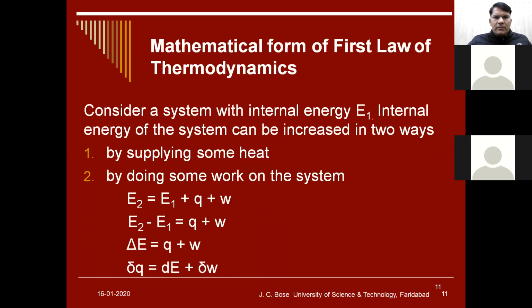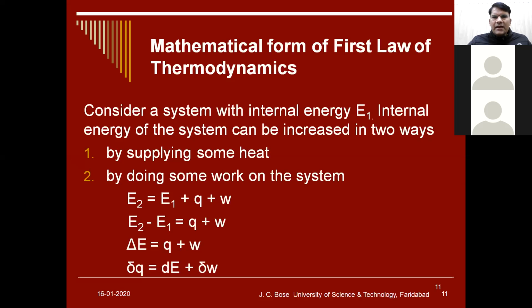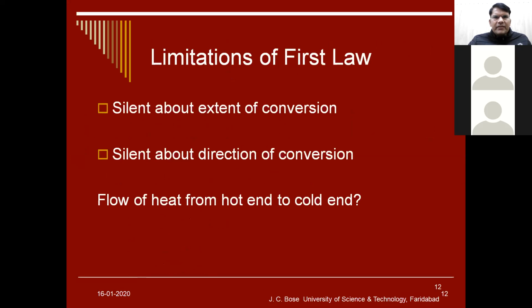According to it, delta E, the change in internal energy of the system, was equal to the amount of heat and the amount of work. So if a small amount of heat is supplied and a small amount of internal energy change takes place and a small amount of work is done on the system, then del Q will be equal to dE plus del W. This mathematical form we would like to make use of for other derivations.